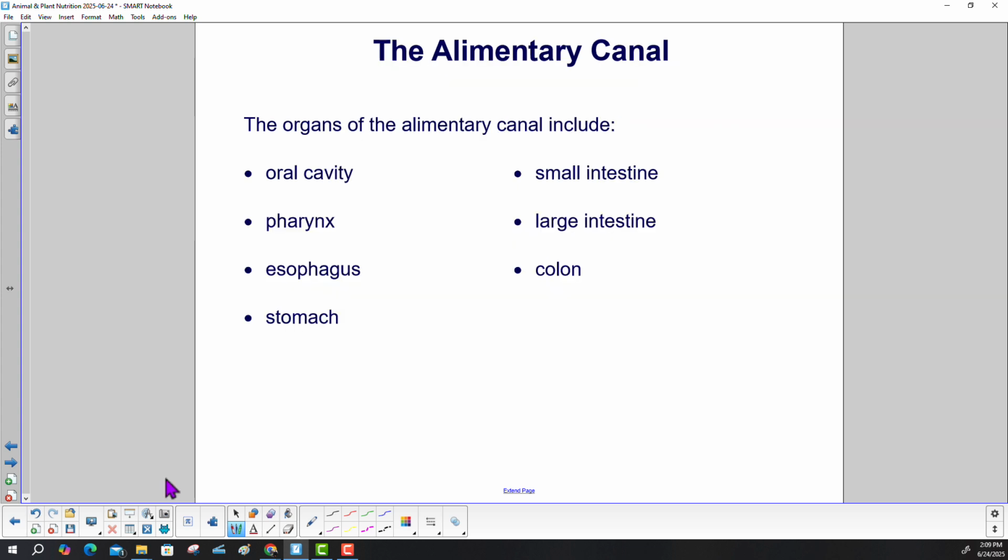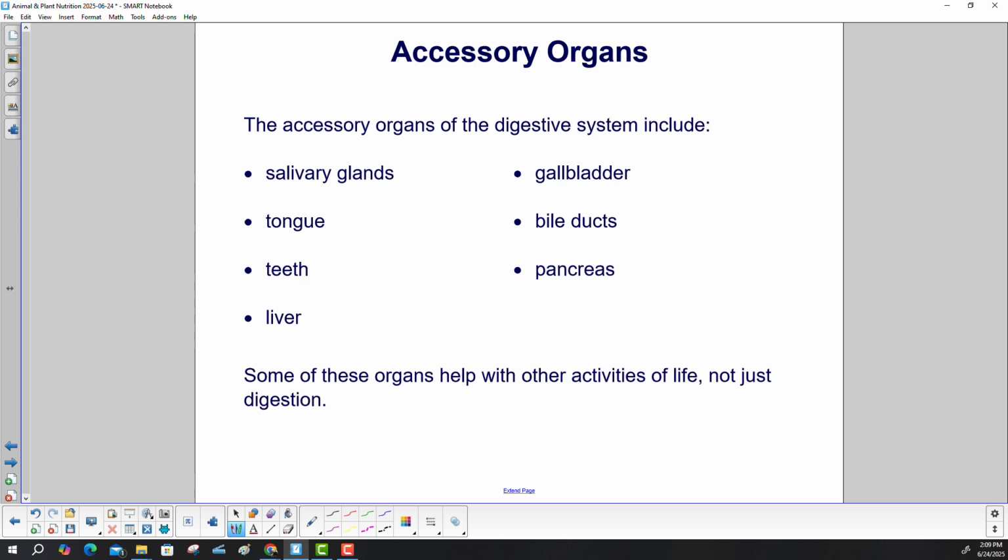The organs of the alimentary canal include the oral cavity, the pharynx, esophagus, stomach, small intestine, and large intestine, or colon. The accessory organs of the digestive system include salivary glands, the tongue, teeth, liver, gallbladder, bile ducts, and pancreas. Some of these organs help with other activities of life, not just digestion.